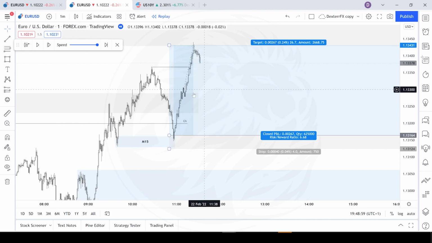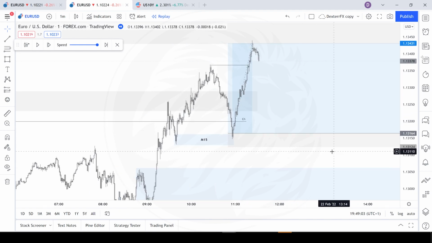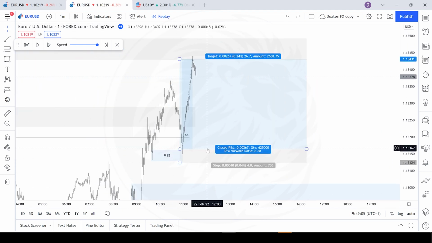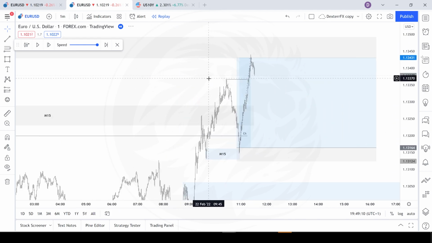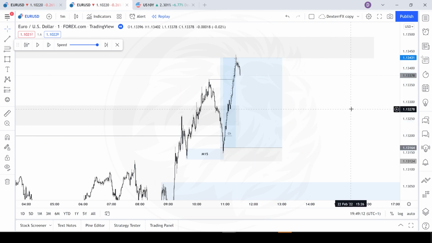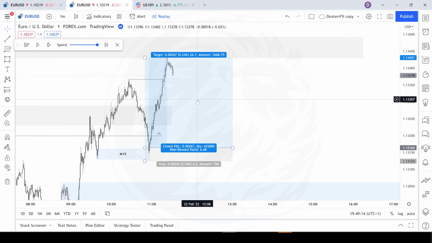Okay, so as you can see, with this kind of entry you will not be able to have the best risk reward ratio. That's why I'm using less and less this kind of entry. I want to focus on the best setup and on the best probability trade. So for someone who wants to trade it, this is totally possible.